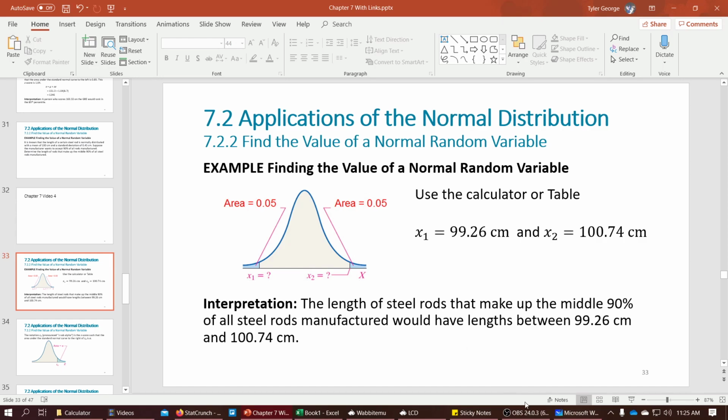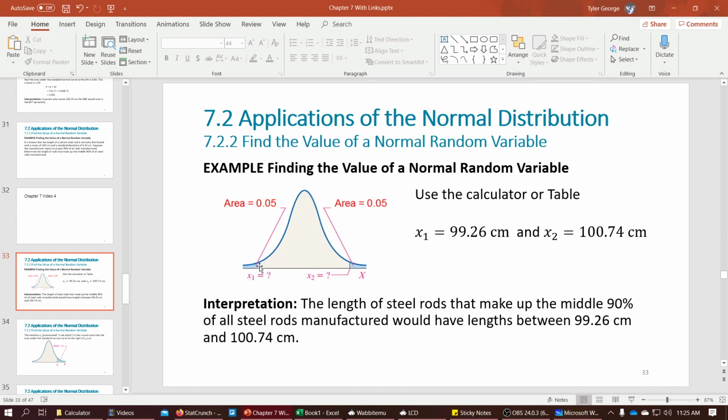Why is that? Well, let's switch to the whiteboard. We want the area of the middle to be 0.90, the area of exactly the middle. The property that we know about the normal distribution is that it is symmetric. So if it's symmetric, then we can look at the middle and cut off the tails on the side, because we know that this is exactly the middle because of the symmetry of the normal distribution.